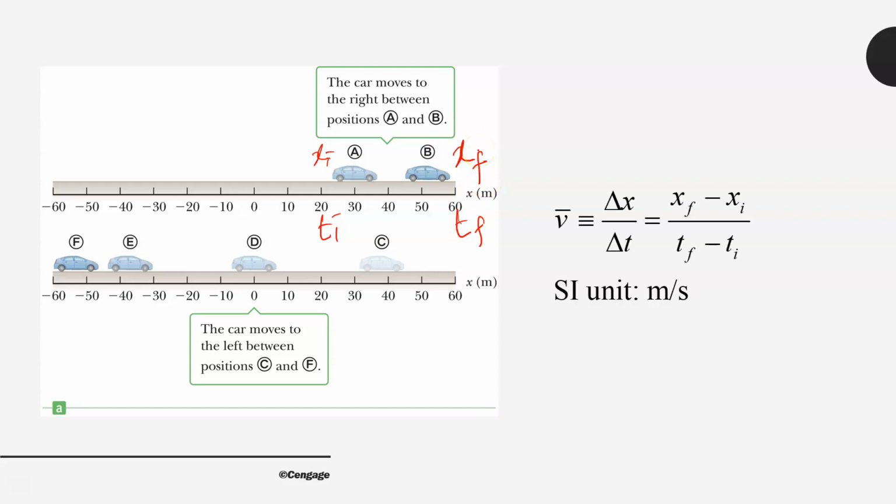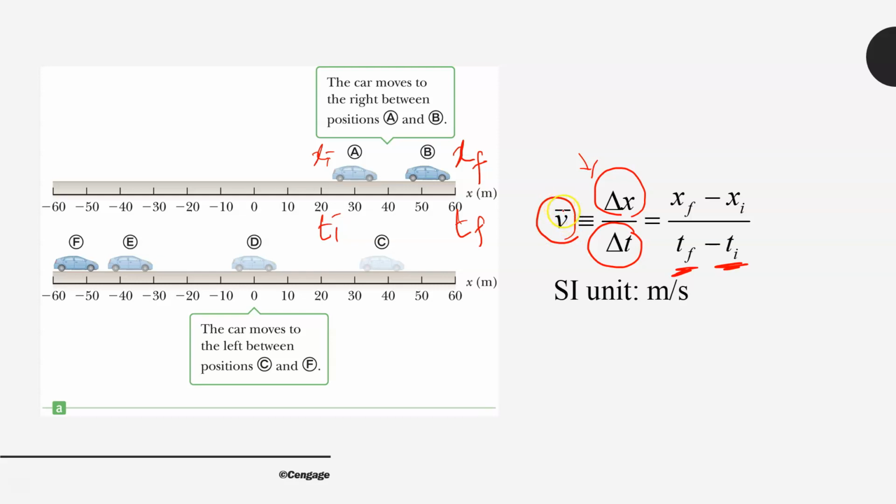The time interval delta t is equal to t final minus t initial, while our displacement delta x is equal to x final minus x initial. So the average velocity during the time interval delta t is this one.